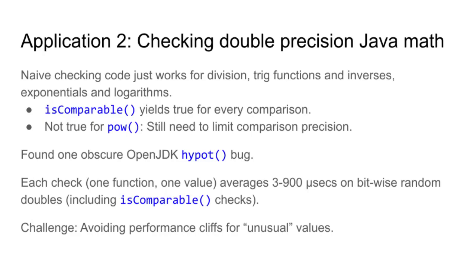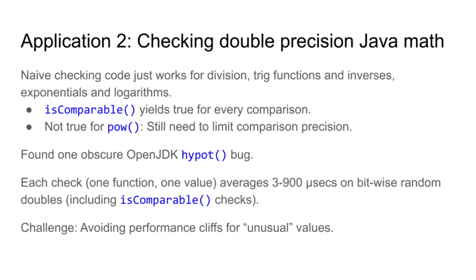In general, checking one function on one argument averages between 300 and 900 microseconds, depending on the particular function we're checking. And that includes actually calling is comparable in order to make sure that the comparisons converge.